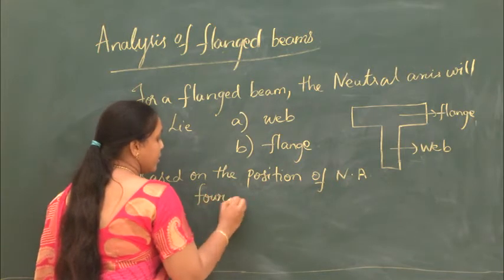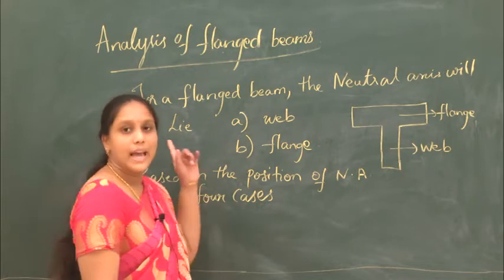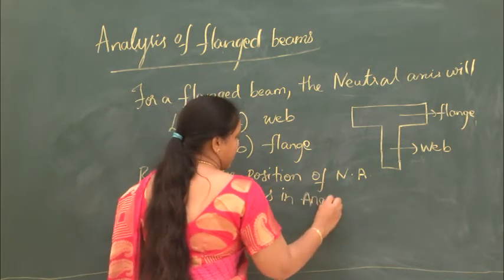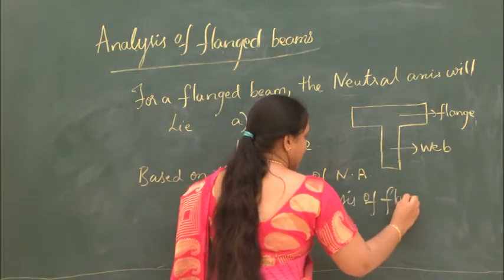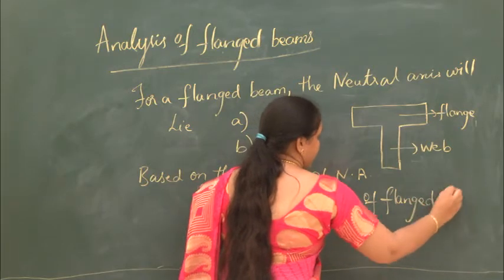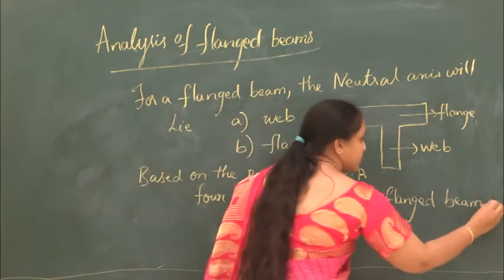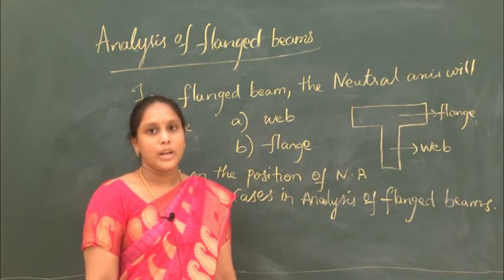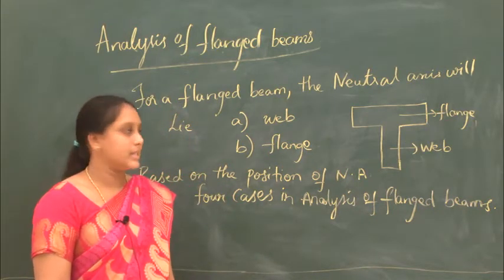We have 4 cases in the analysis of flanged beams. Now let us see what are the 4 cases based on the position of the neutral axis.